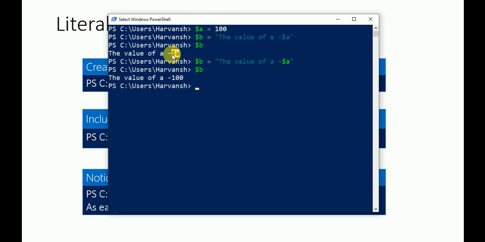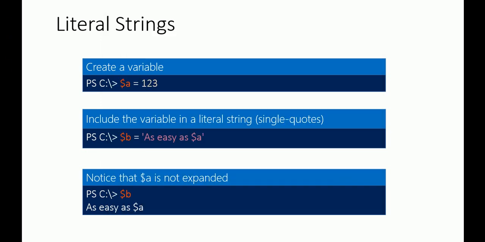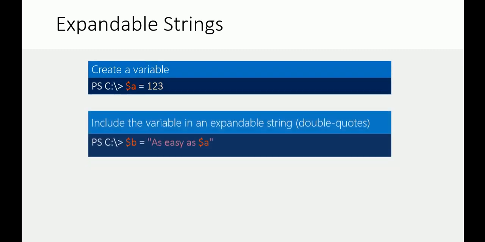It will write the same name as you write it here. If you would like to expand the value of your variable, then use the double quote sign. That's how you can easily understand single quotes and double quotes. So single quotes make a literal string, and double quotes make an expandable string. That's how I gave you the example.